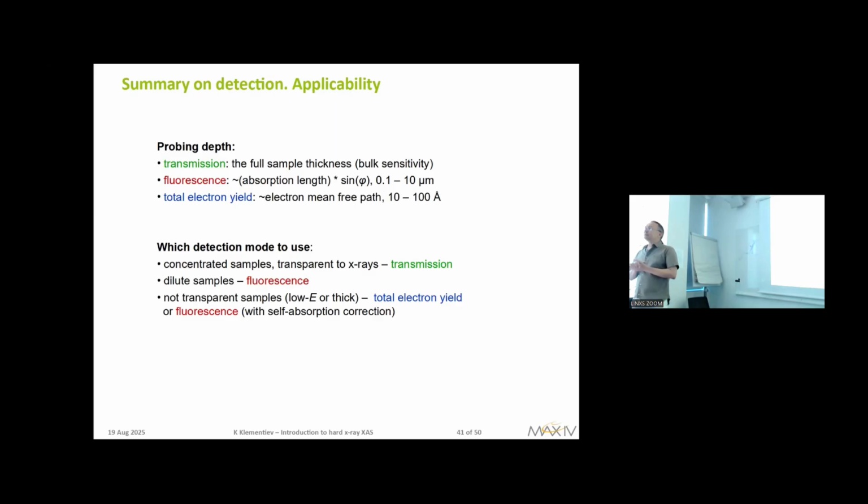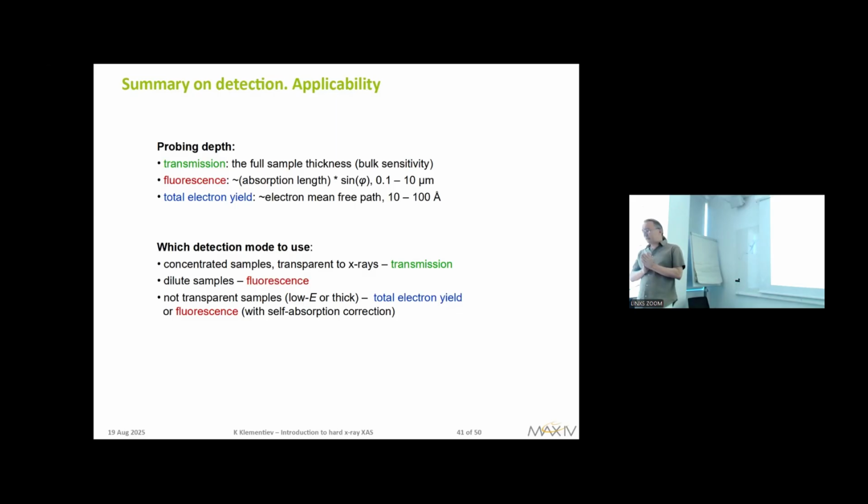For soft X-rays, this is, I think, much more used than for hard X-rays, for two reasons. One is that the quantum yield of fluorescence is energy dependent, or Z dependent. At lighter elements, the Auger process is more probable than fluorescence, so this signal is just stronger.